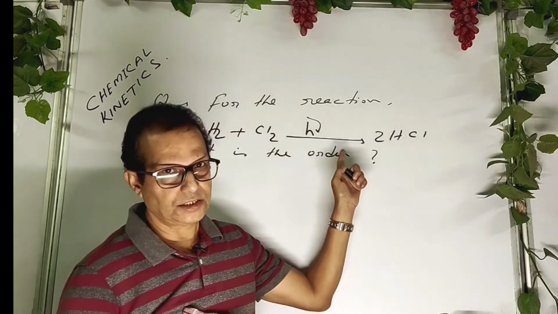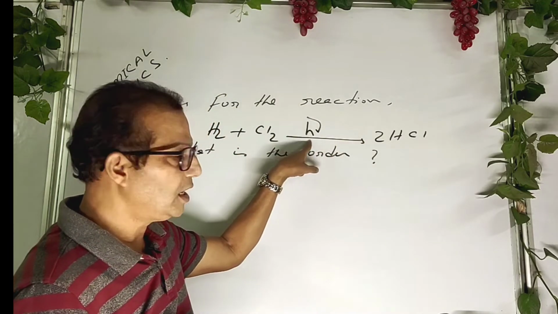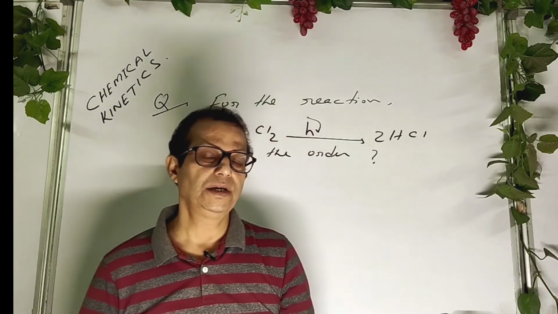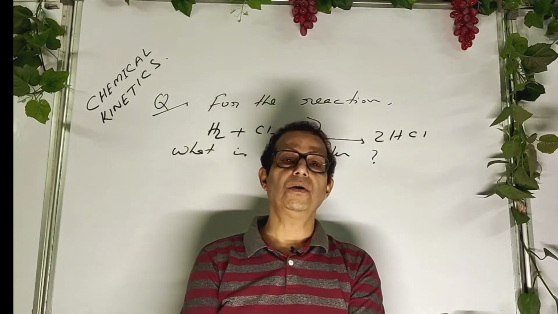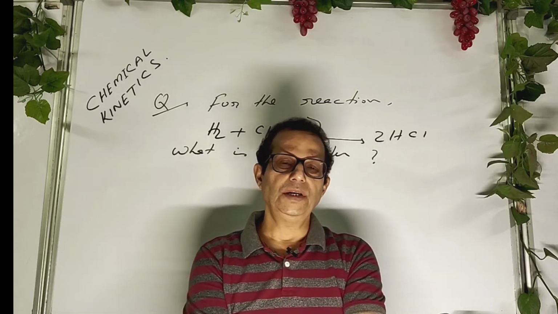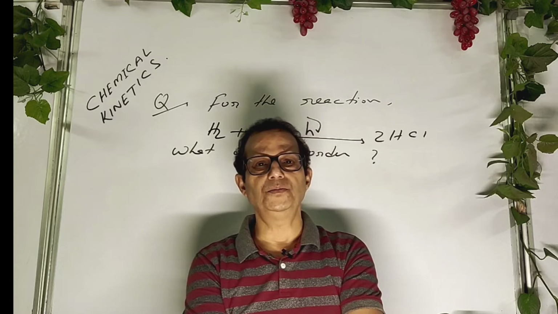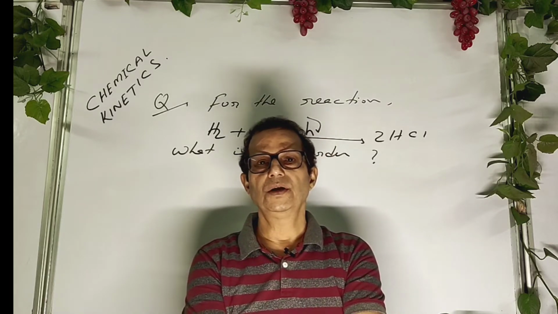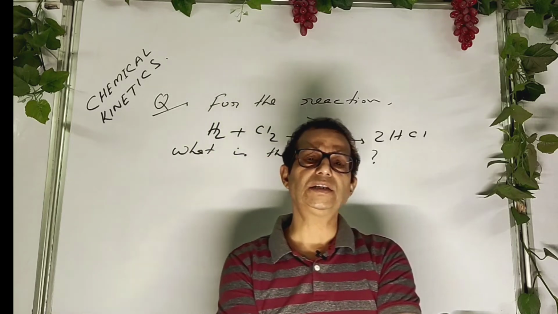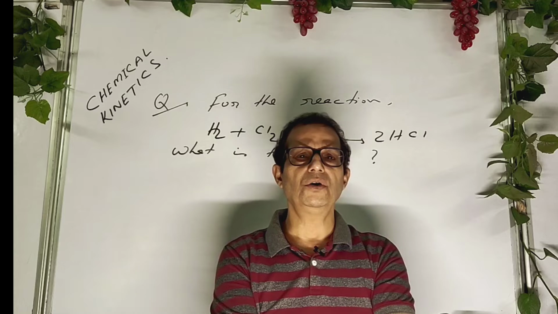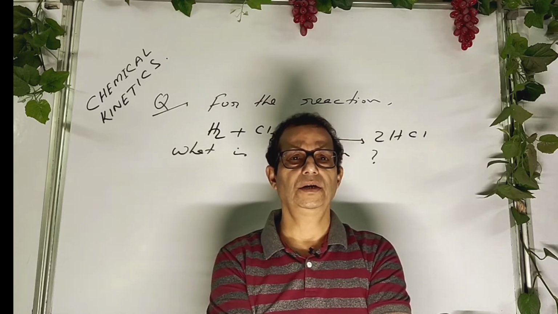How to write the order? If you watch it, the reaction takes place in presence of sunlight. So remember it, any reaction, if it occurs in presence of sunlight, it is always an example of zero order reaction. Once again, if any reaction takes place in presence of sunlight, that is called photochemical reaction.